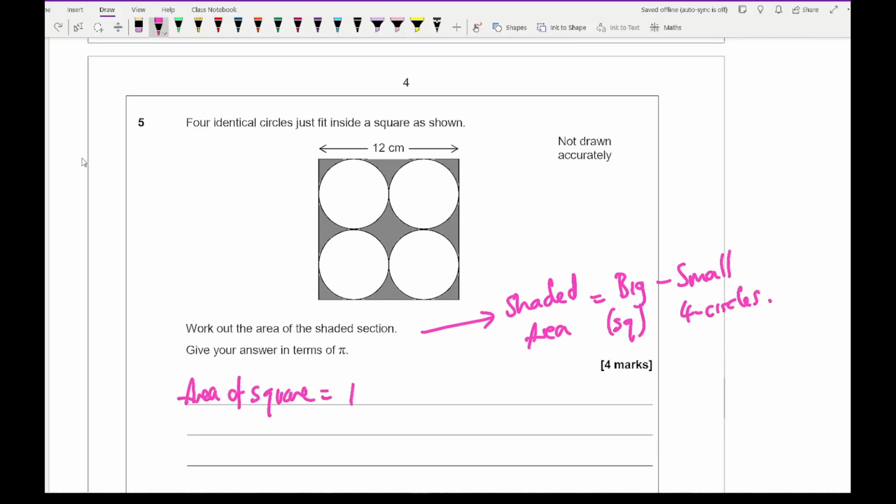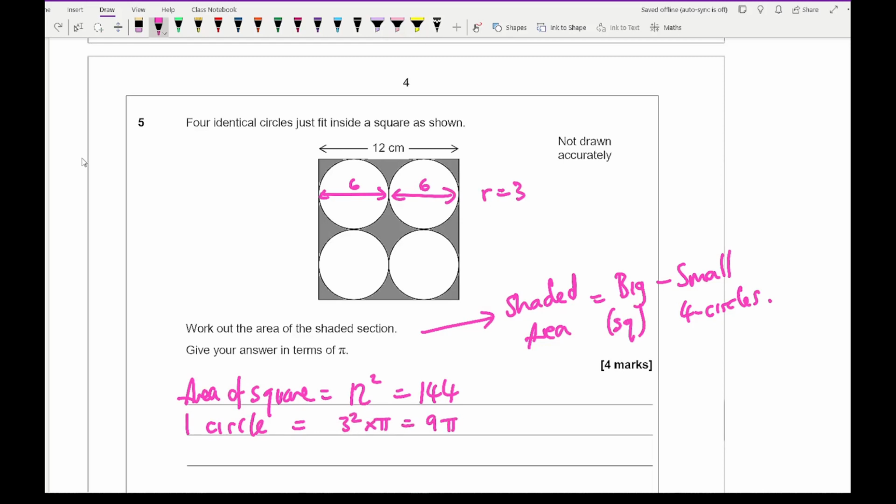is going to be 12 squared, which is 144, and 1 circle is going to be pi times the radius squared. So here one of these circles will have a diameter of 6, which means then the radius is going to be 3. So I've got 3 squared times pi, which is 9 pi.